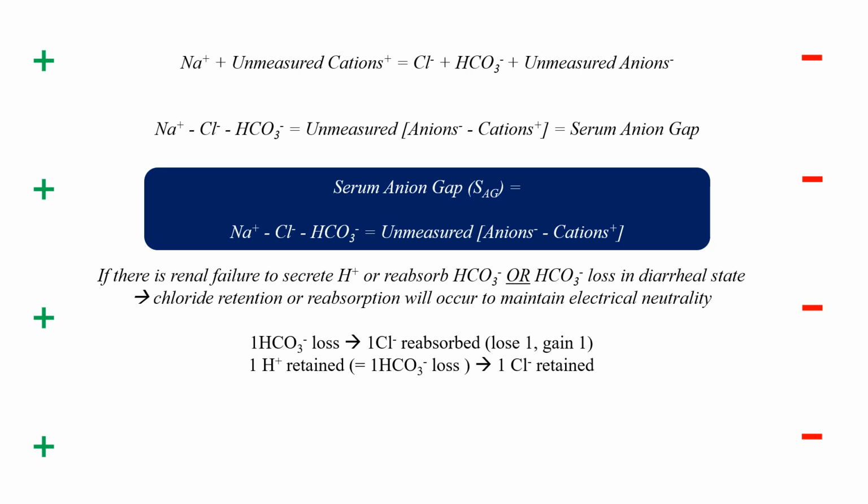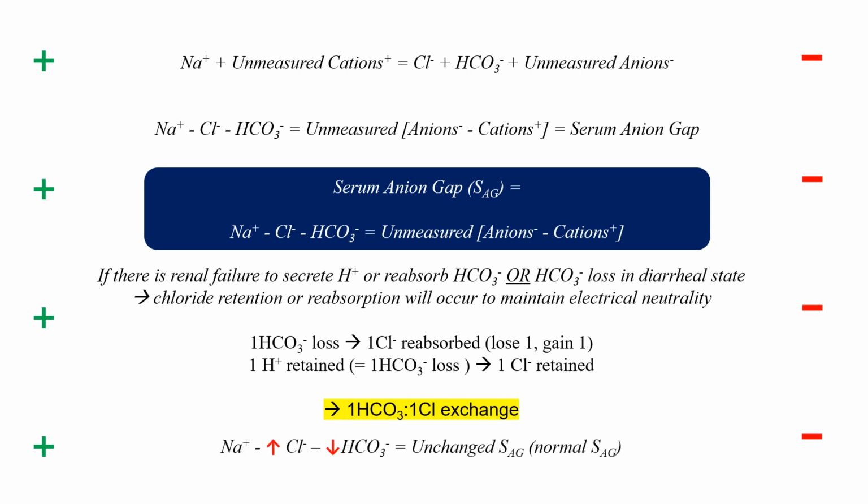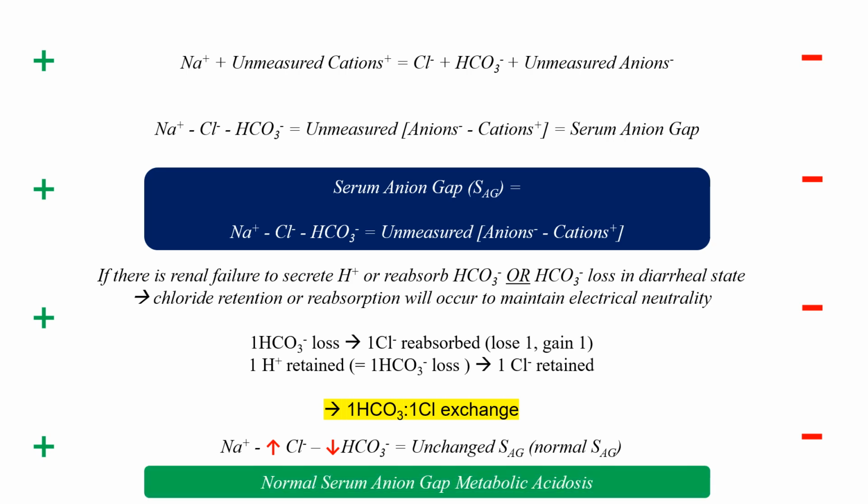Or when we retain one acid, we retain one chloride. The loss of bicarbonate is equivalent to the retention or gain of chloride. The serum anion gap, therefore, remains unchanged. These renal and gastrointestinal associated metabolic acidoses are referred to as normal anion gap metabolic acidosis.